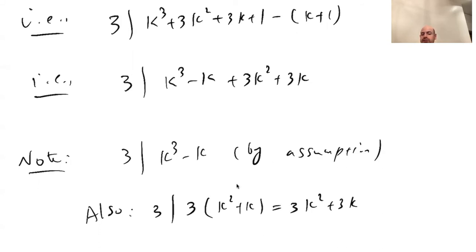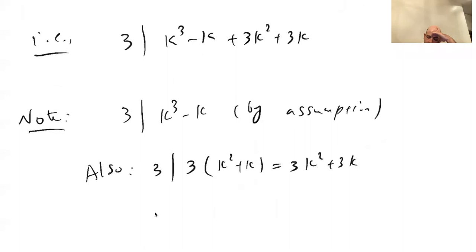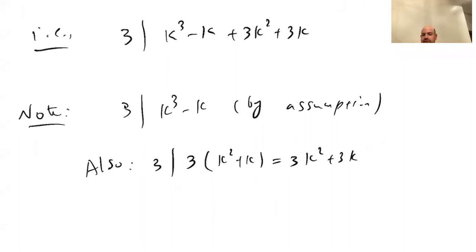This is obvious, right? 3 divides 3 times a number. 3 times a number is a multiple of 3, obviously, which means 3 divides this number. When you say 3 divides a number, it means that number is a multiple of 3. So 3 divides this number and 3 divides this number.